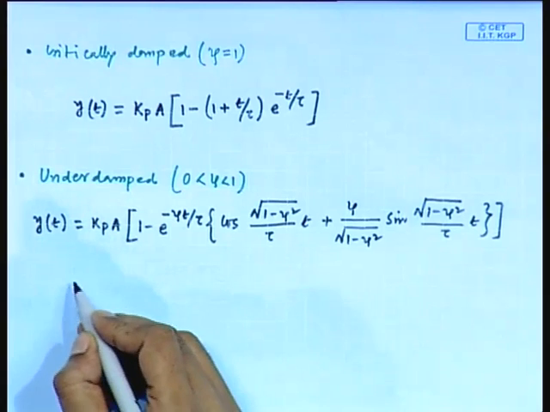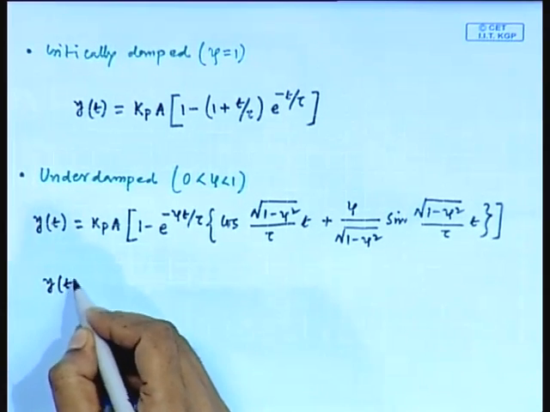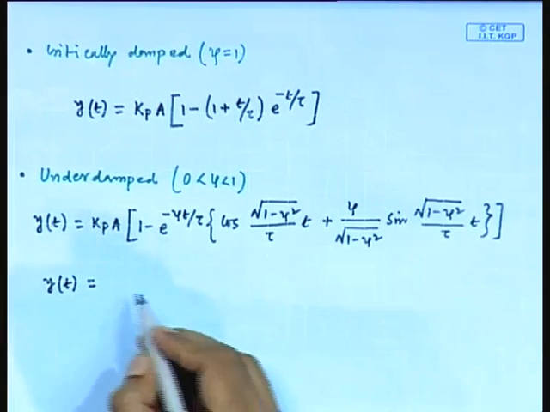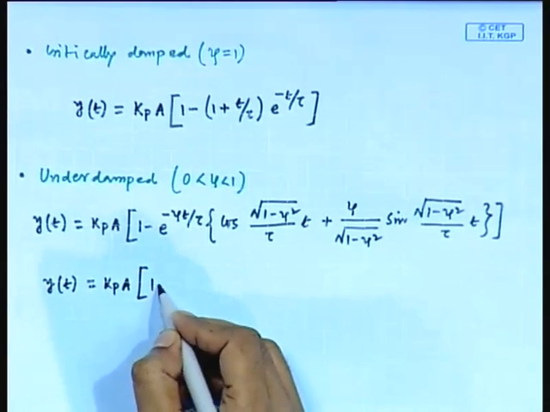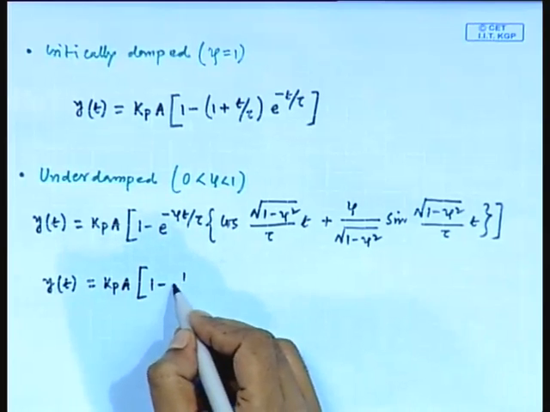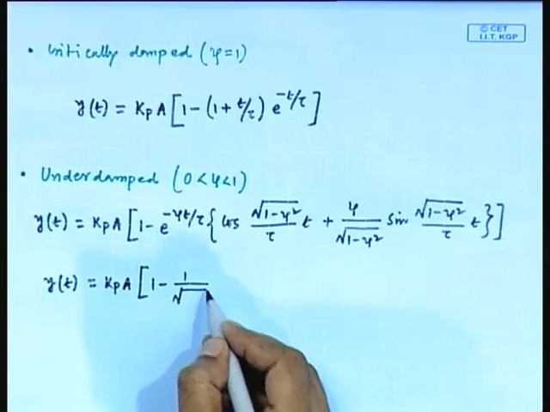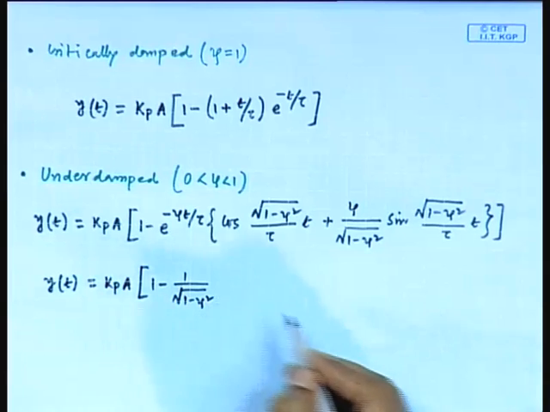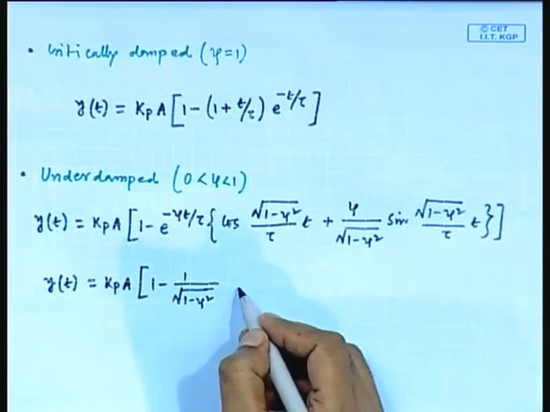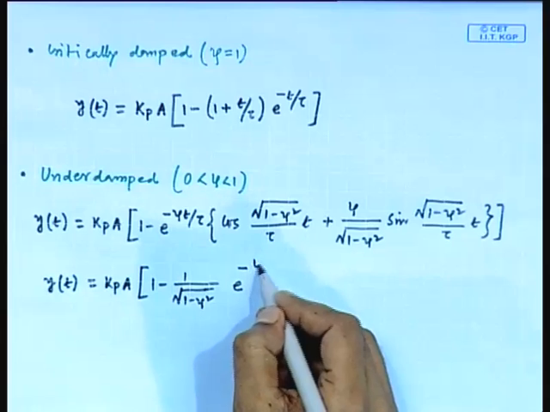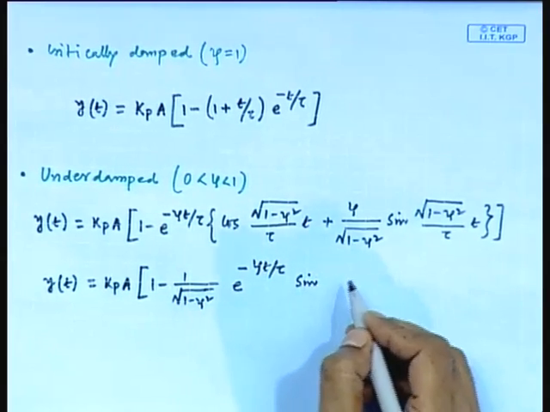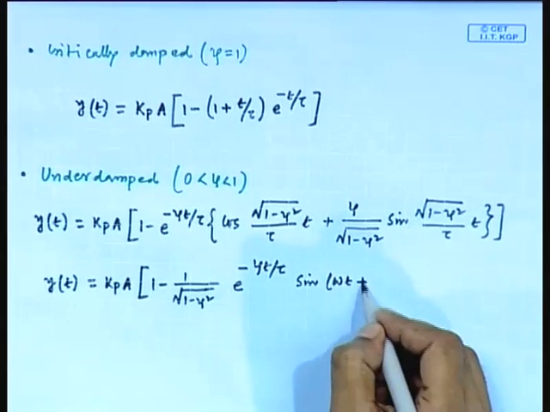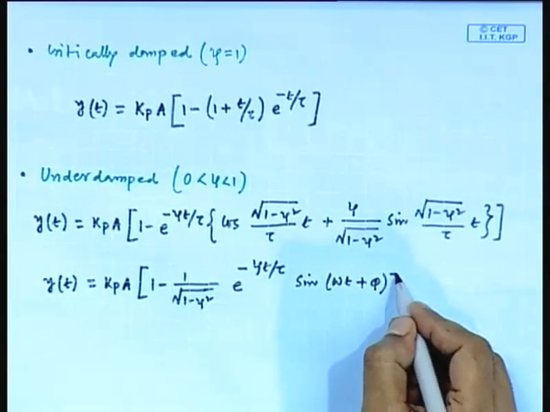We can write this equation in this form where y(t) equals Kp a times 1 minus 1 divided by root over 1 minus zeta square, exponential minus zeta t divided by tau, sin of omega t plus phi.